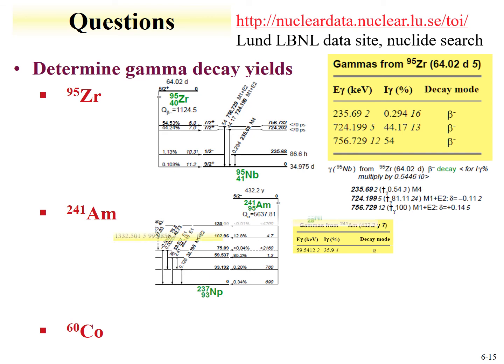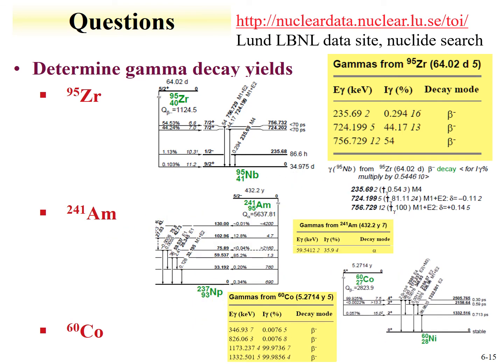Another example could be Cobalt 60, again from the Lund LBL site. We get the data. We see that there are 2 intense photopeaks, each one above 1000 keV, and yields on the order of 99%.